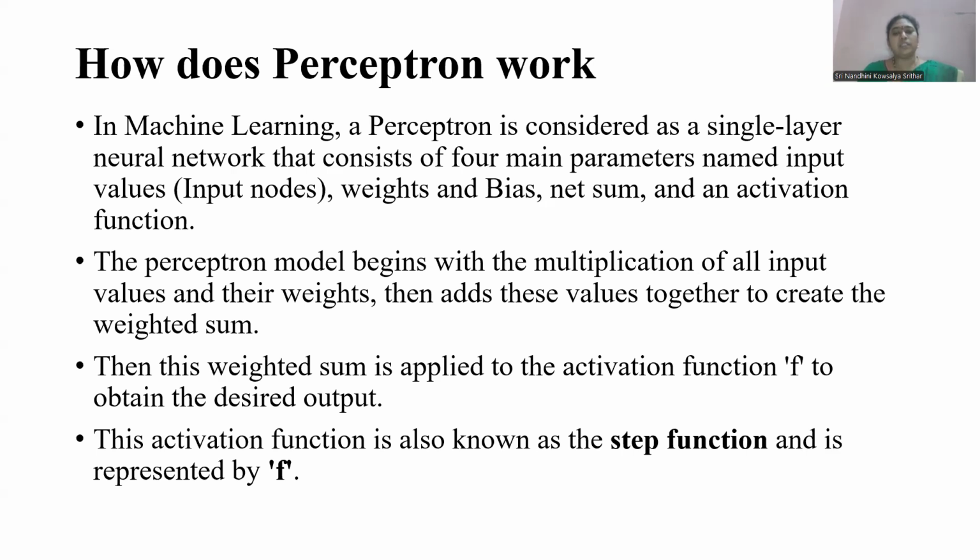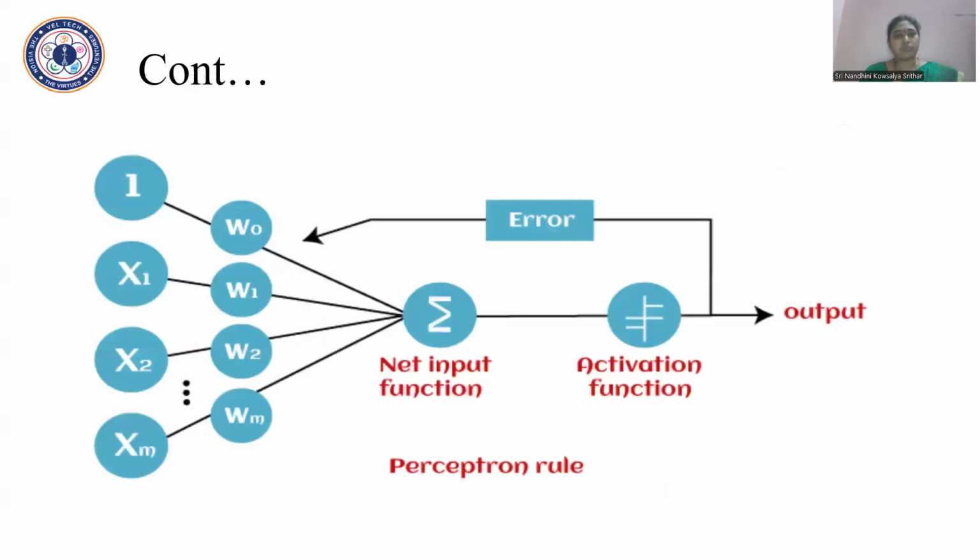Then it adds these values together to create a weighted sum. Then this weighted sum is applied to the activation function f to obtain the desired output. This activation function is also known as the step function and is represented by f. Here we are basically using the step function as the activation function.